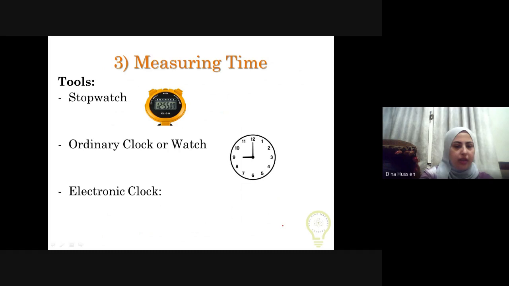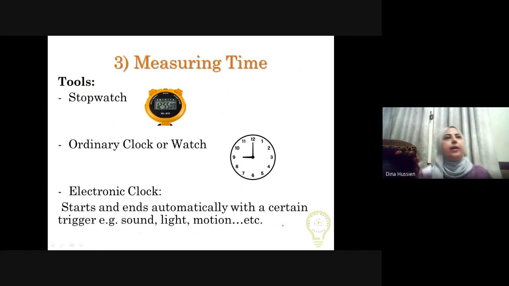Okay, what else? We can use an electronic clock. What is an electronic clock? It is more accurate. What does more accurate mean? With a stopwatch, for example, if we are in a race and we say ready, steady, go, the race starts and I press start on the stopwatch, and when the race finishes, as soon as the winner in first place finishes, I press stop. Well, are there errors? Where are the errors? Can someone tell me where the error of using a stopwatch is? Write it in the chat box.